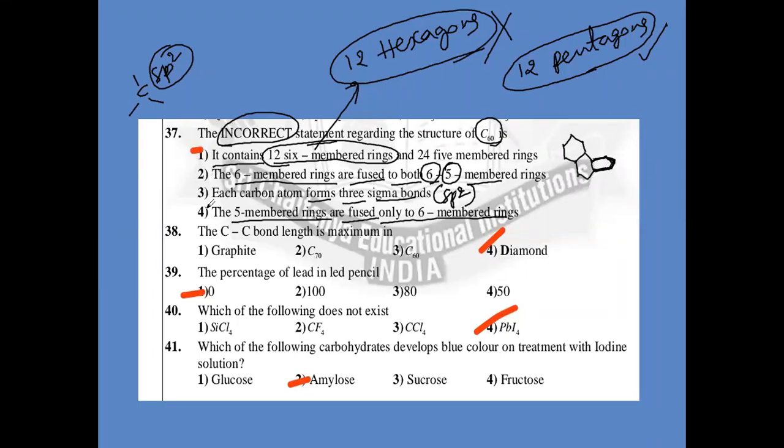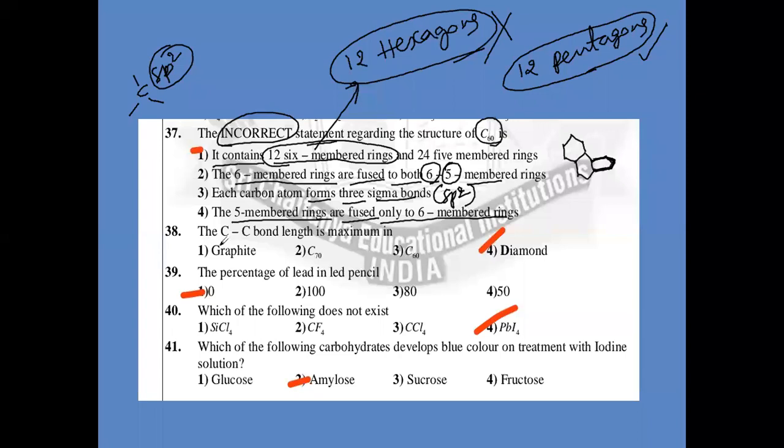So options 2, 3, 4 are correct, and the first option is incorrect. Tell me, anyone, what is the correct statement of the first option? C60 contains 12 5-membered rings and 20 hexagons, 20 6-membered rings. That is the correct statement. But it is given wrong.